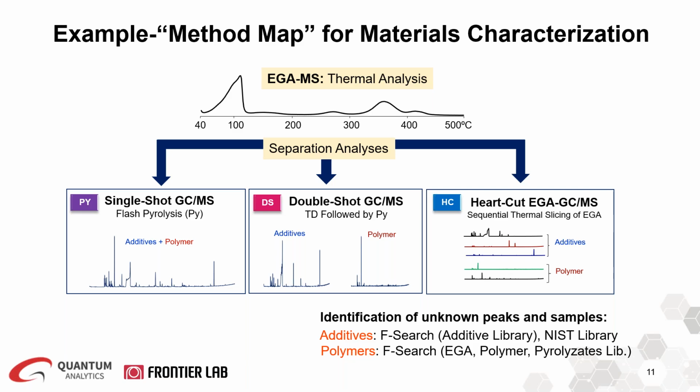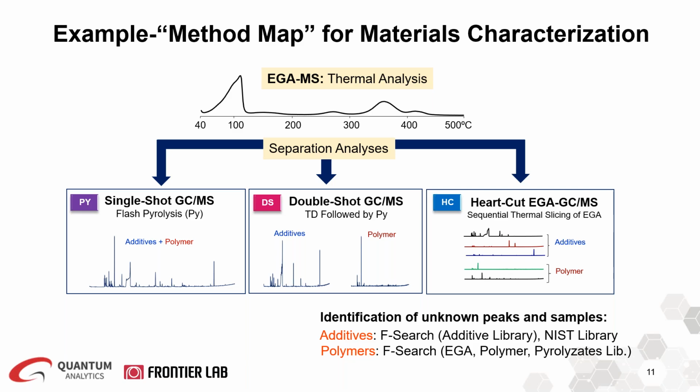Now in a hard cutting mode, if you want to perform a lot more detailed analysis, that shows on the right-hand side. With the hard cutting mode, the EGA thermogram can be sliced into multiple temperature zones, and you actually obtain separate GCMS chromatograms for each of those zones.